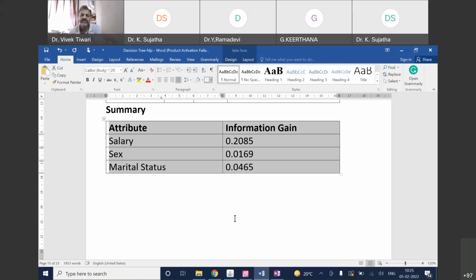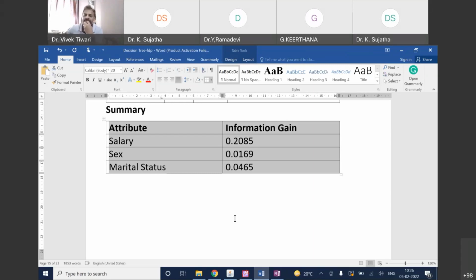Now easily you can decide which node you should select as the first splitting node. The node which gives you the highest information gain will become the first split node. In theory, I have explained all those things.